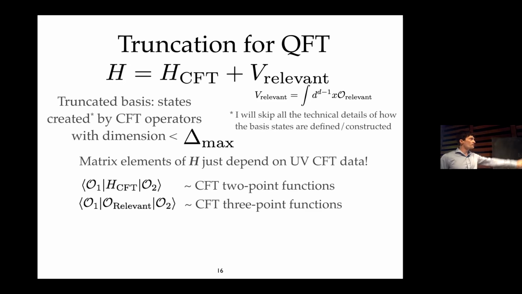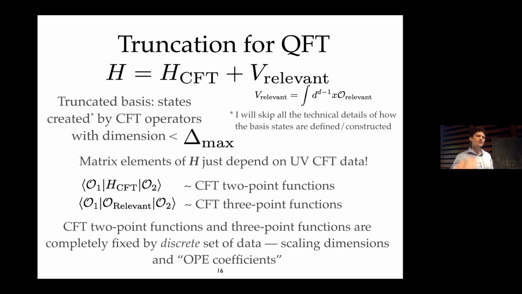And since the deformation is itself an operator in the UV CFT, its matrix elements are like 3-point functions. The reason we call 2- and 3-point functions the CFT data is that these are completely fixed by a discrete set of numbers, the scaling dimensions and the OPE coefficients in a CFT.